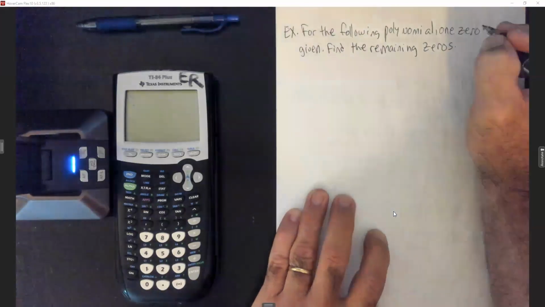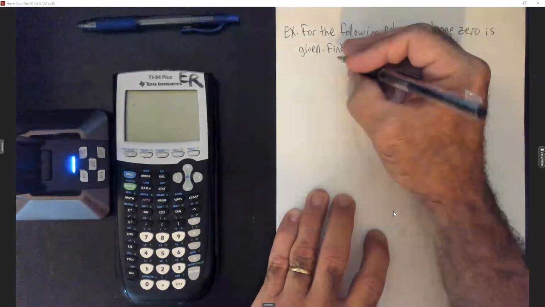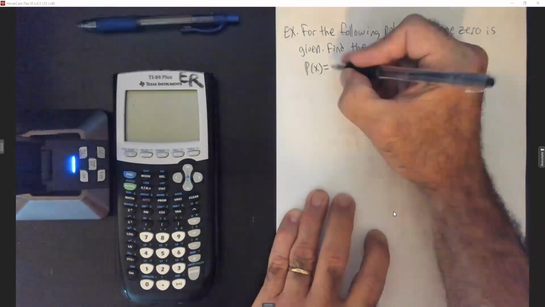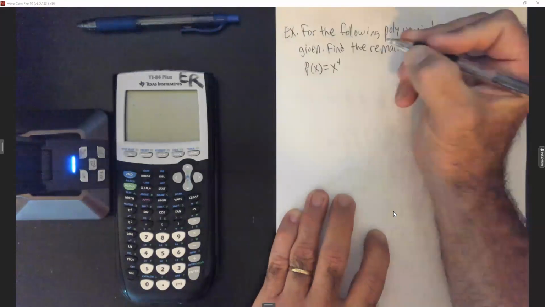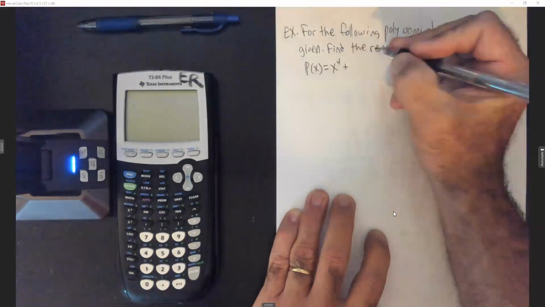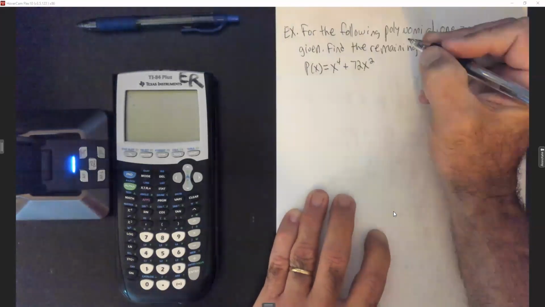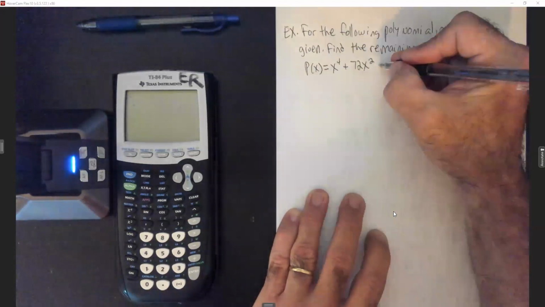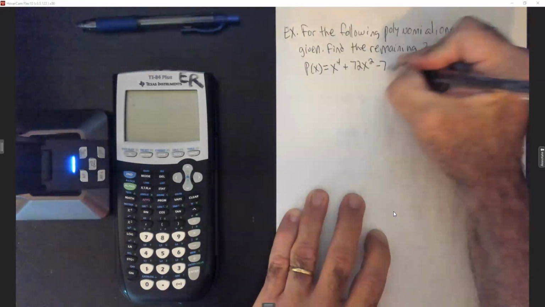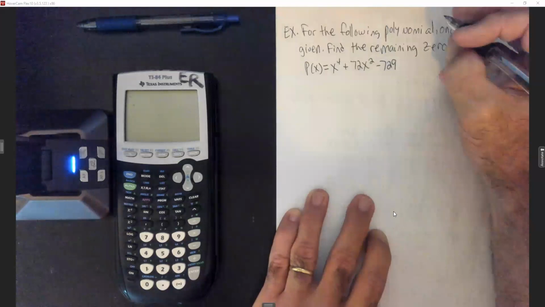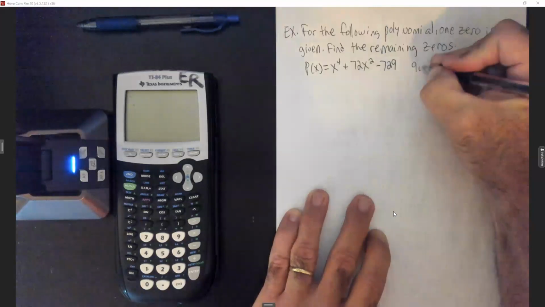So the polynomial is p of x equals x to the fourth plus 72x squared minus 729. And they're telling me 9i is a zero.